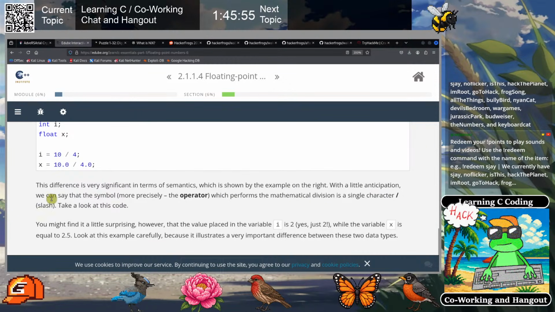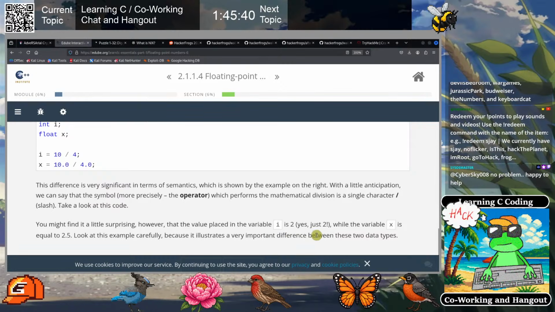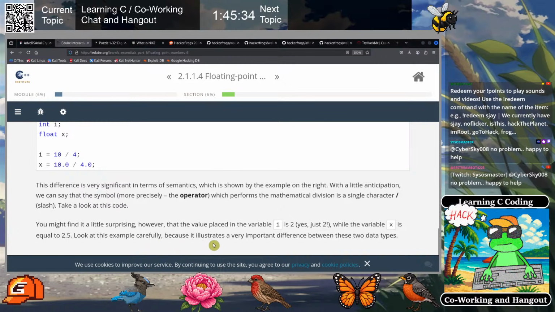With a little anticipation, we can say that the symbol, more precisely the operator, which performs the mathematical division, is a single character slash. Take a look at the code. You might find it a little surprising, however, that the value placed inside the variable i is 2. Yes, just 2. While the variable x is equal to 2.5. Look at the example carefully because it illustrates a very important difference between the two data types.